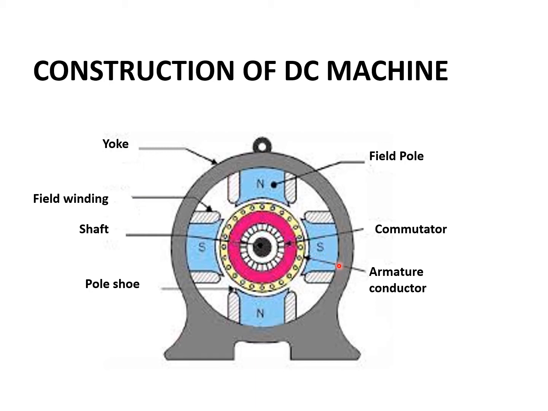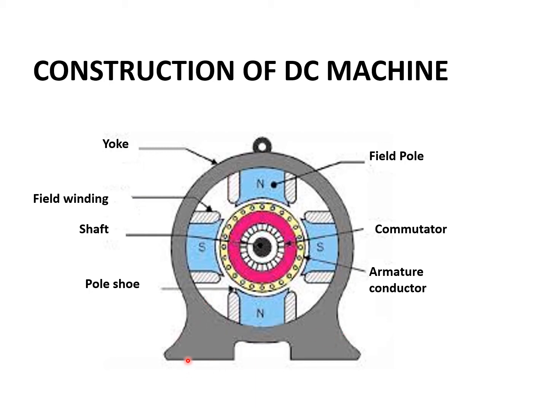So suppose the armature has 1000 conductors, then the commutator will also have 1000 segments, and the segments are insulated from each other by mica.